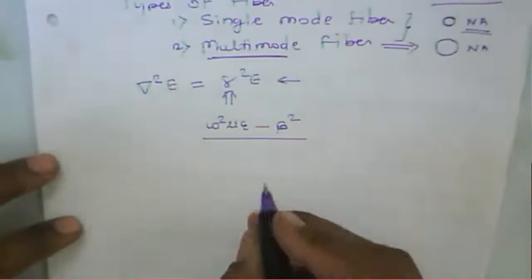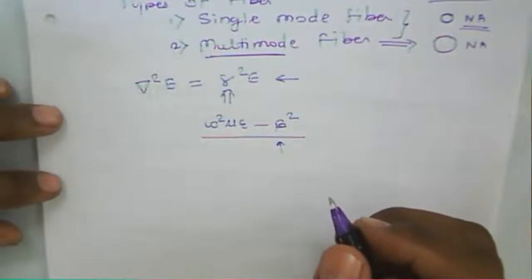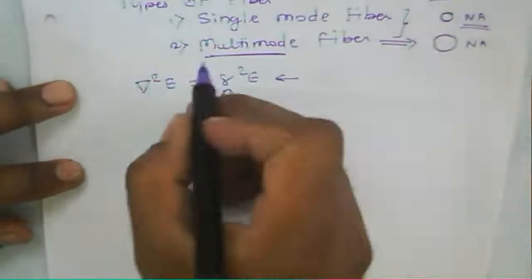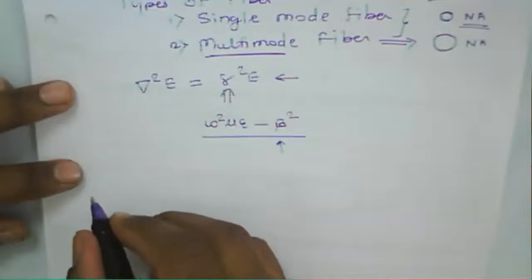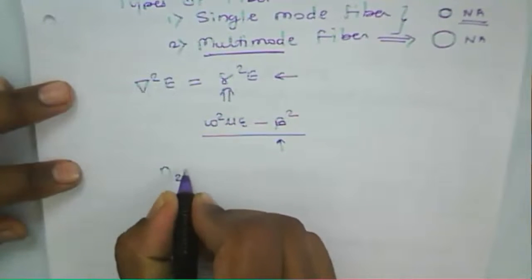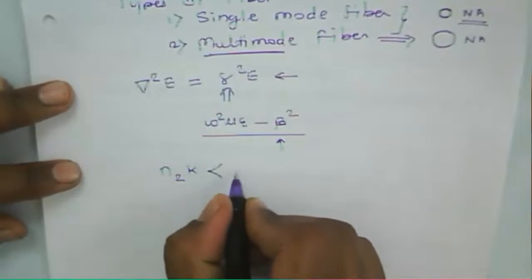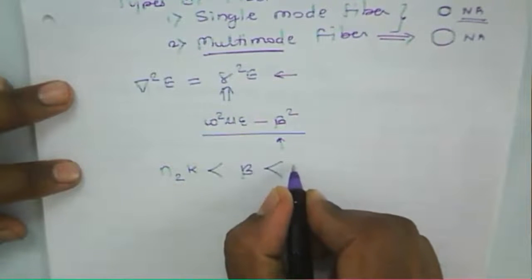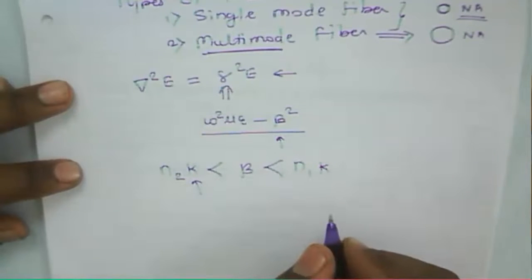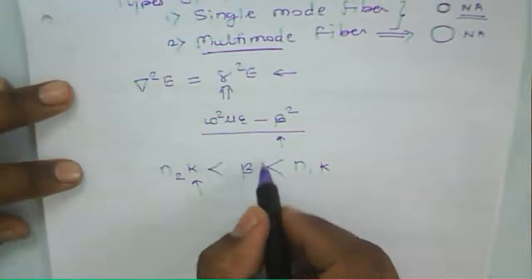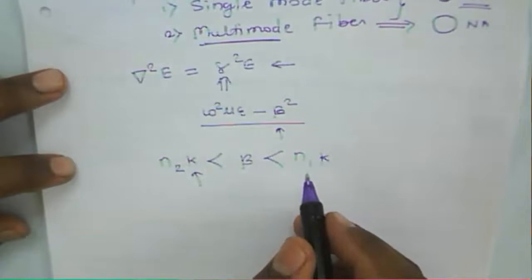So once we know the phase constant of this particular wave propagating through it, and the difference in the refractive indexes, we will calculate the wave number here, and that depends upon the phase constant. And we can say this is nothing but the wave number, and this phase constant varies along with the refractive index here.